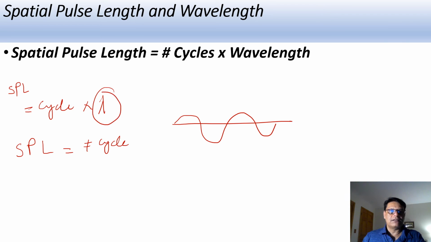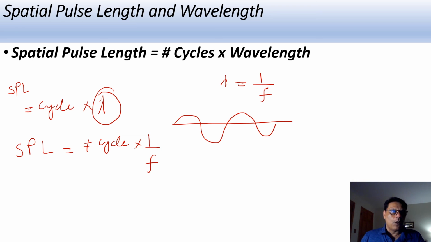We know that the wavelength is equal to 1 over frequency, so you can put the value of lambda here as 1 over frequency.